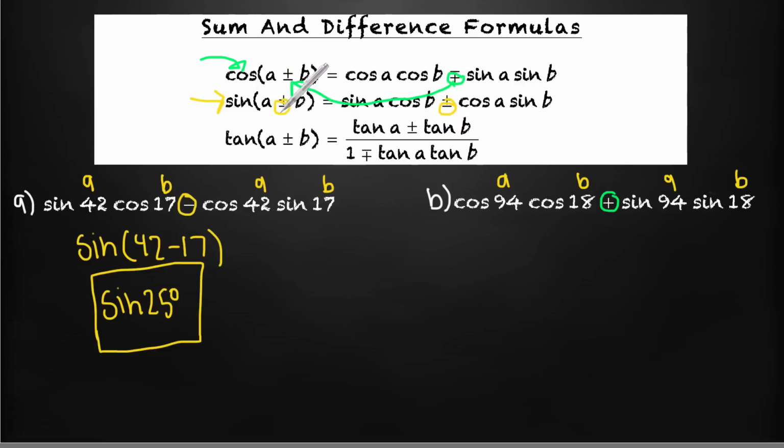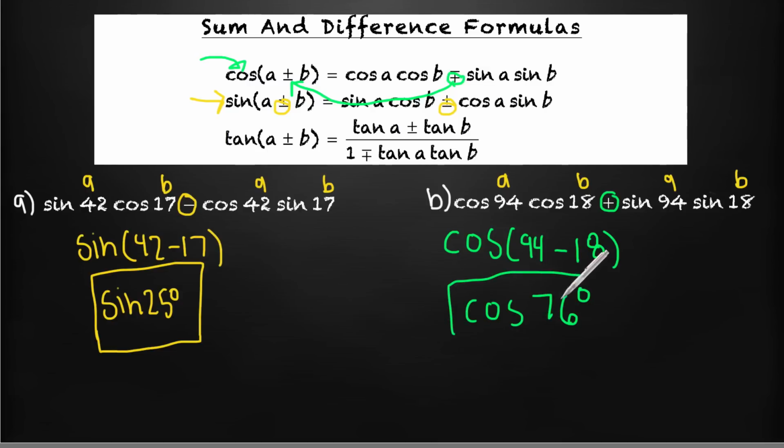That means we're using the bottom, so it is the subtraction of these two angles. So it's going to be the cosine of A minus B. So it's going to be the cosine of 76 degrees. And that is the answer to this one.